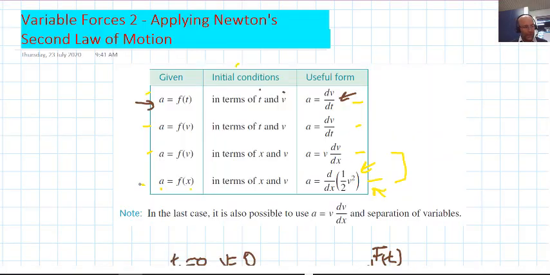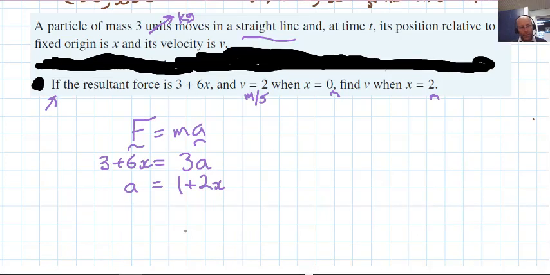We've got a force in terms of x, and we're given information about x and v. So I'm going to use the bottom one there, d dx of a half v squared, but you could use v dv dx as well. Just simplifying that by dividing 3 by 3, and now we can replace the a with d dx of a half v squared equals 1 plus 2x.